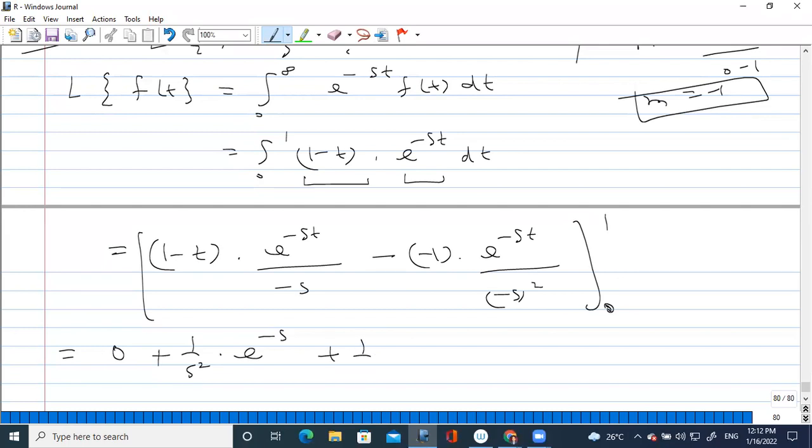So it will become 1 by s, and e to the power 0 is 1. Now minus minus already it was plus, so due to this it will be minus. e to the power 0 is 1, and 1 by s square already there. So this is the answer.